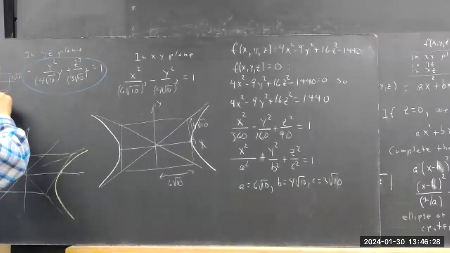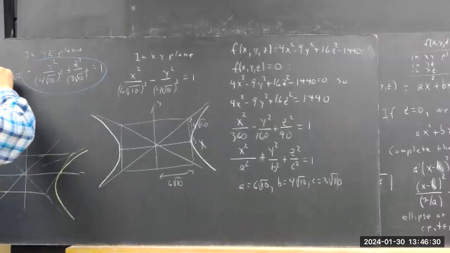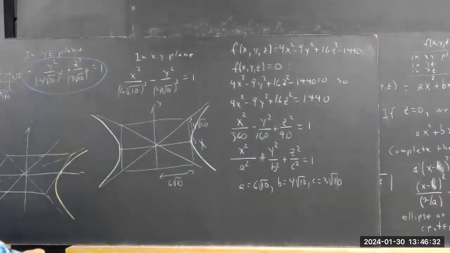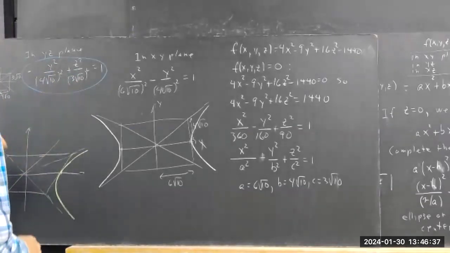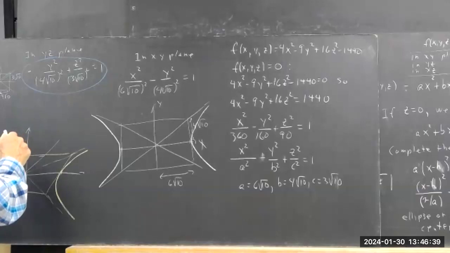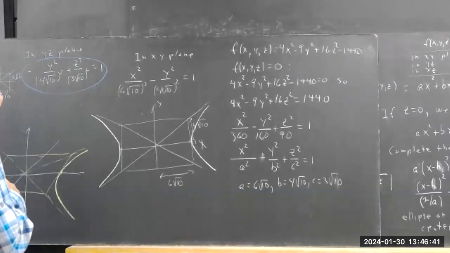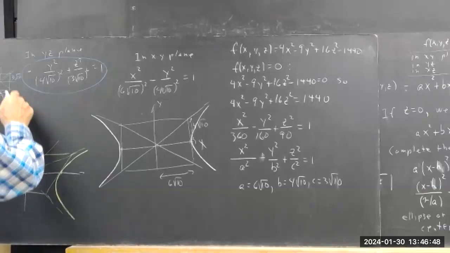It's 4 square root of 10, 3 square root of 10, and your hyperbola, since you have opposite signs, Z can't equal 0. So Y can equal 0. Is that right? Yeah.